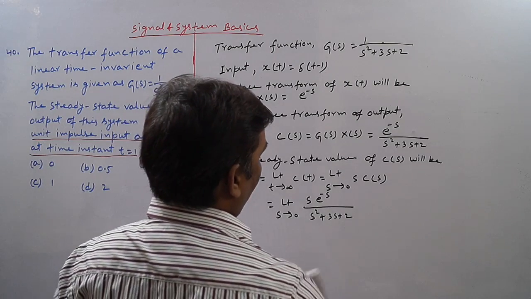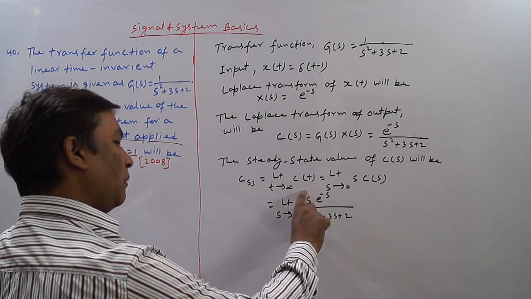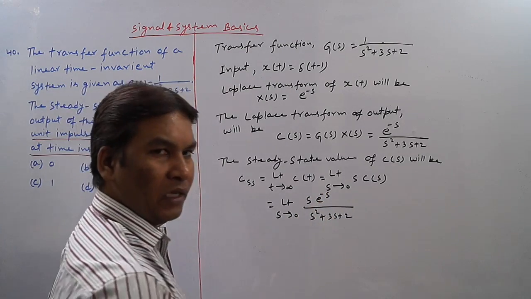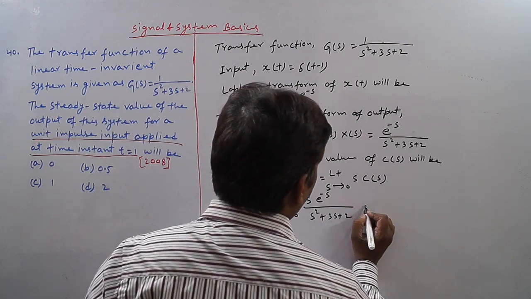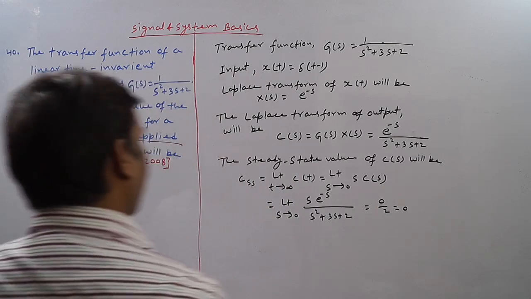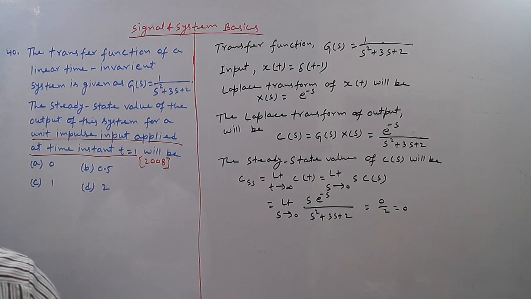But since s is multiplied in numerator, numerator will be 0 and denominator will be 2 itself. So it will be 0 by 2, so it will be 0. So which one of the given options is correct? Option number A is correct.